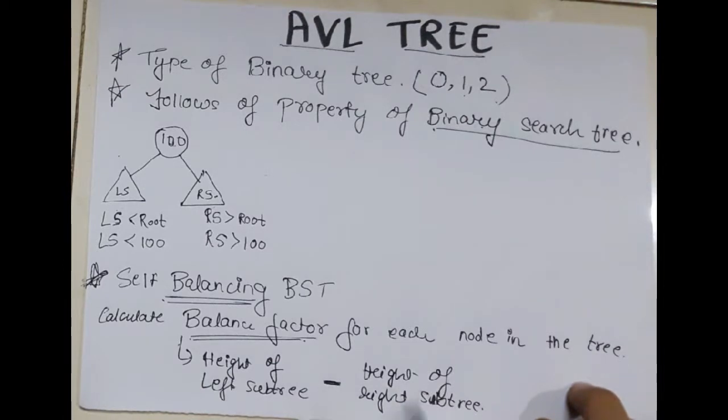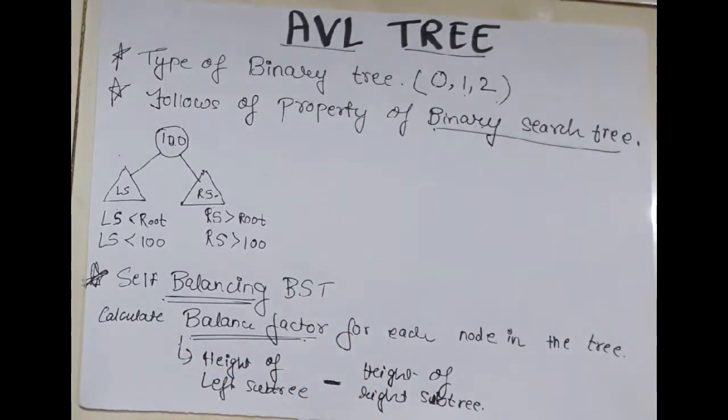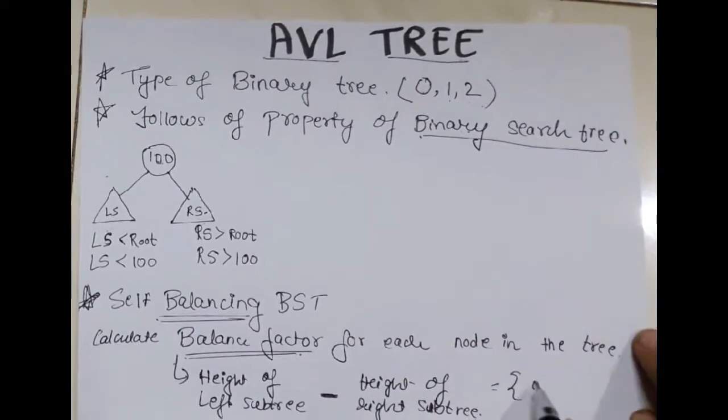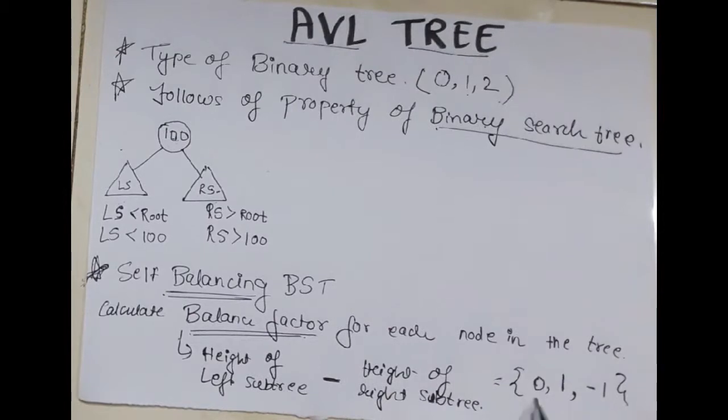So with the help of this formula, we are calculating balance factor, and the value of this balance factor should be either 0, 1 or minus 1. The value of balance factor should be 0, 1 or minus 1 for each node in the tree. And if the value of balance factor is other than this, then that tree is not an AVL tree.